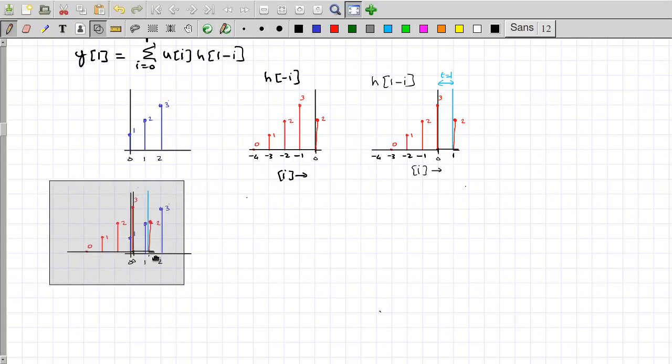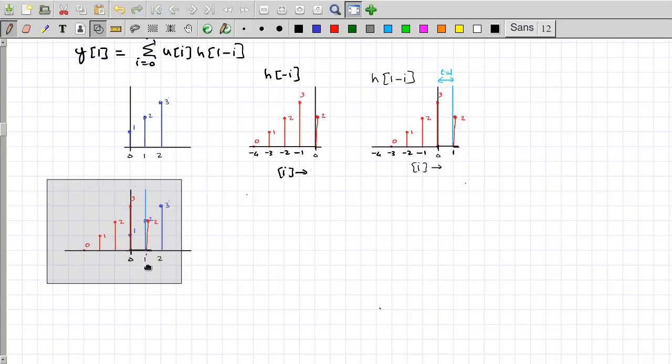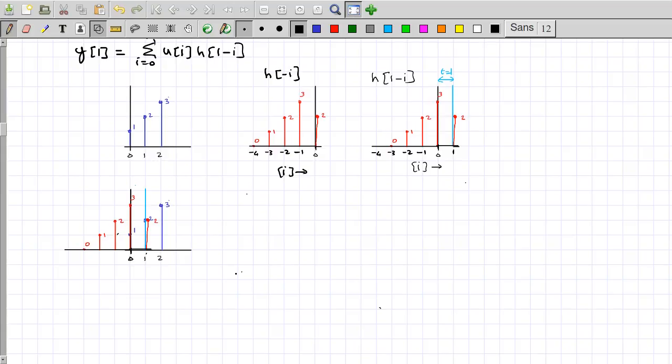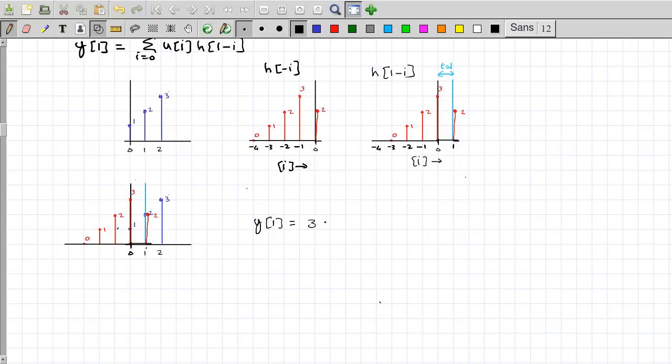So okay. So now what are the products? The products are, so 0 and 1 and 2, these three red things are multiplying 0. There's nothing blue there. So y1 becomes equal to 1 times 3, which is 3, plus 2 times 2, which is 4, and y1 is equal to 7.